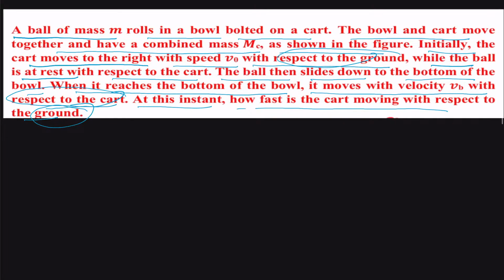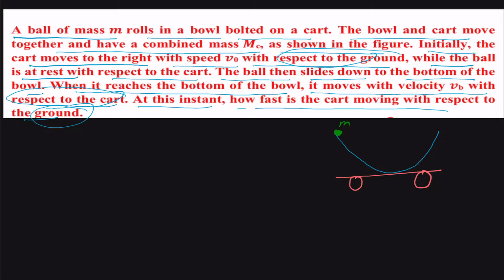And the basic figure is, so we have a cart. Suppose this is the cart, and to this cart we have a bowl, which is bolted. It means it is attached to it. It's not moving separately. And there is a small ball, let us suppose here, whose mass is m.